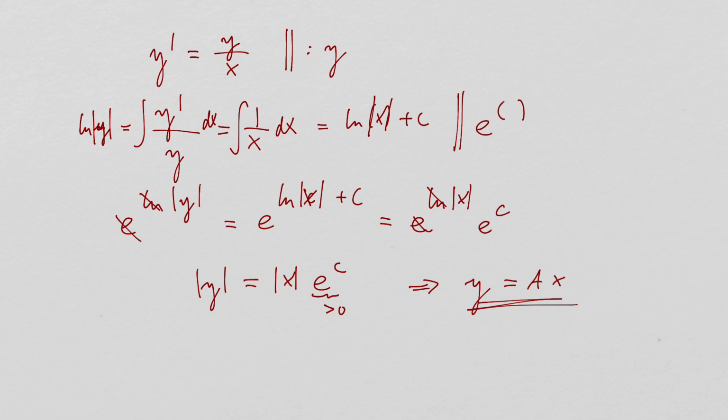We can check the answer by substituting. If y of x is a constant times x, the derivative of y is that constant, and that seems to be a times x divided by x, that is y divided by x. The equation is satisfied.